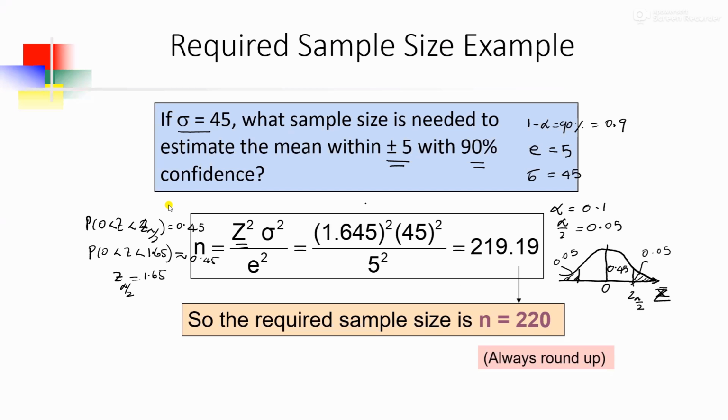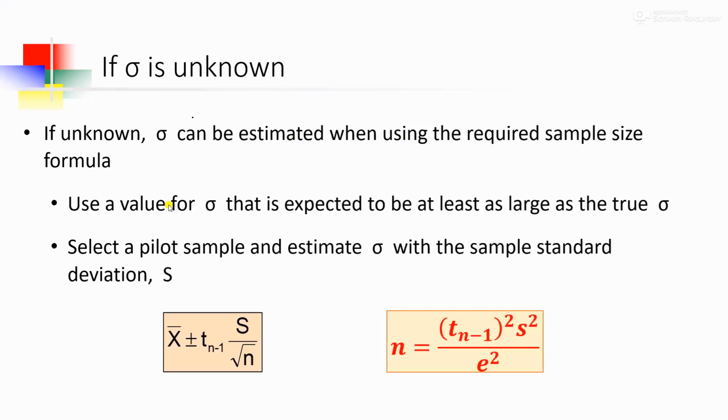So only this is the formula. These are the things we need to decide the sample size when the margin of error, standard deviation, and the level of confidence are known. If sigma is unknown, then how can we find out the required sample size?